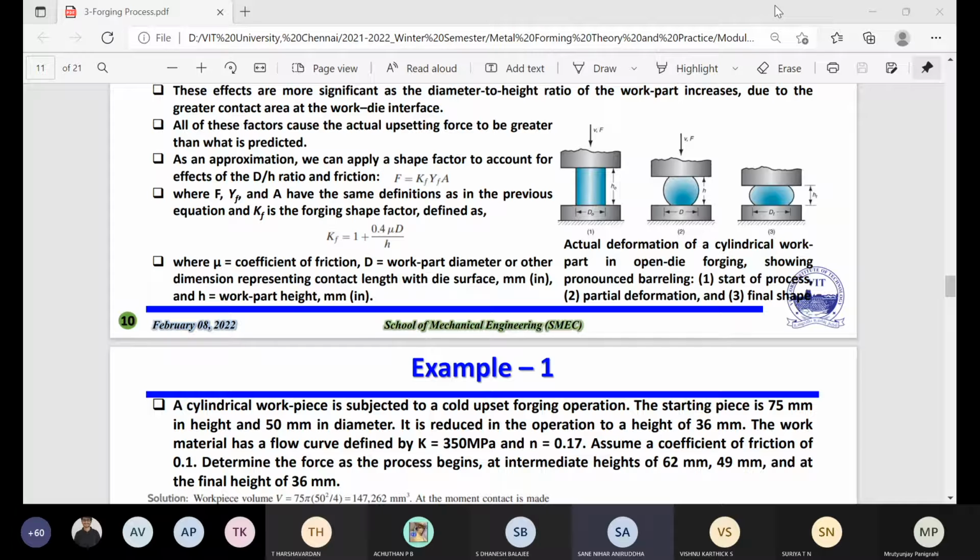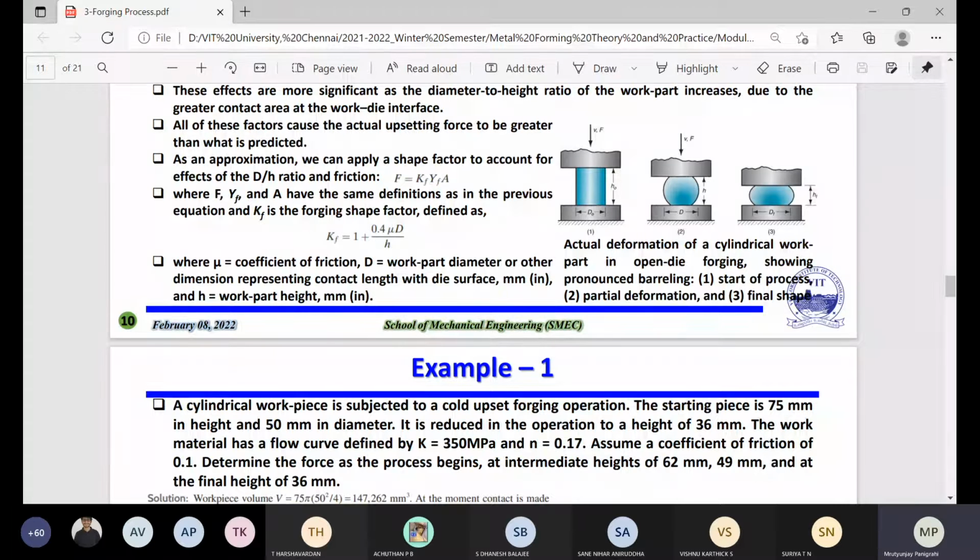Can you please show the formula for YF? One second. So the flow stress is K epsilon to the power n. Otherwise, I have to go back because it was in module 2, I think.